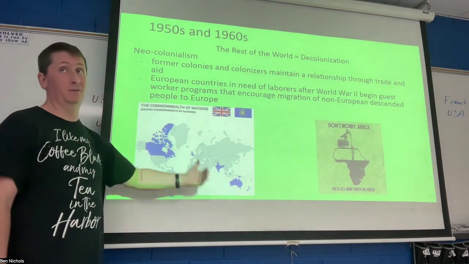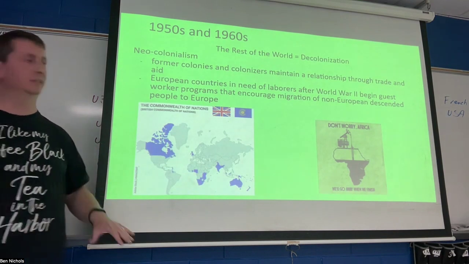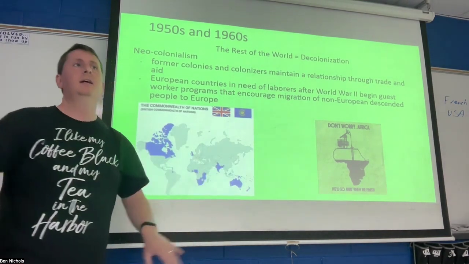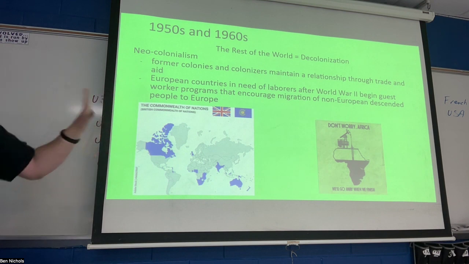And it also means that if we're not doing nice things for them, then some other country might step in and do nice things for them, like Russia or China. And then they develop a relationship with a different country. So again, this is kind of how things work right now as far as colonialism goes. It's all informal, but it's still very much there.